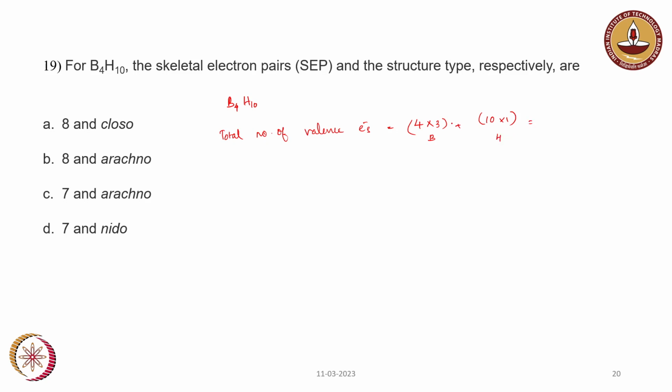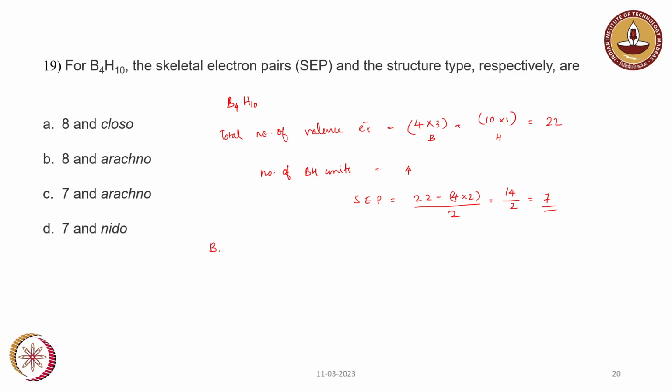So total will be 12 plus 10, 22, and the number of BH units is 4. So SEP equals 22 minus 4 into 2, by 2. That is 22 minus 8, which is 14 by 2, which is 7.